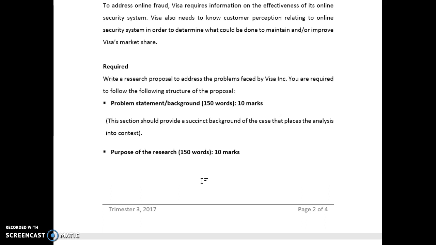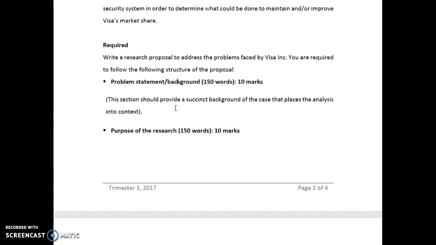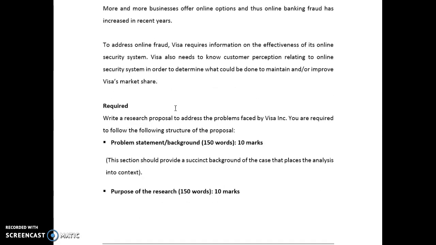Okay, and the structure that I have recommended here, I would like you to follow this structure, and the entire research proposal should be written in a coherent way, in good English, and should be clearly understandable.